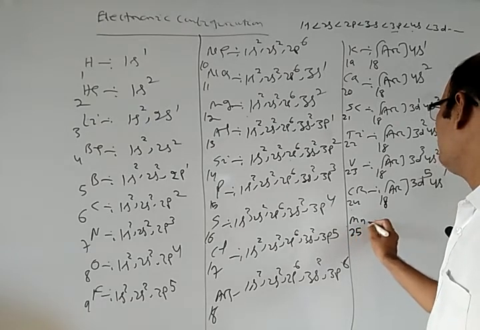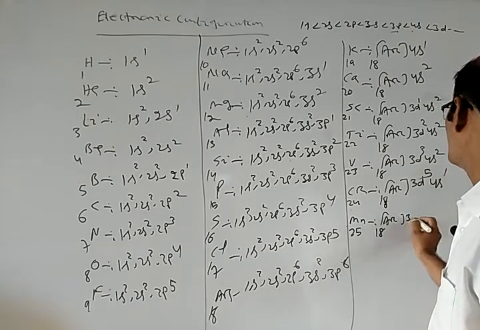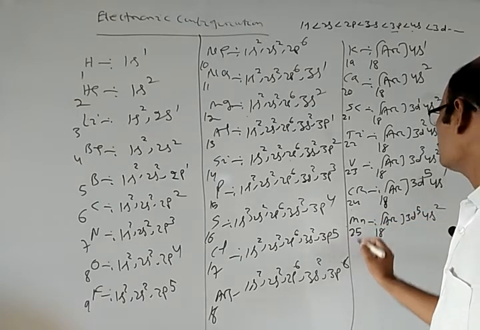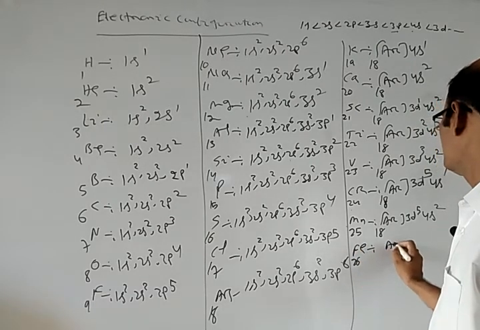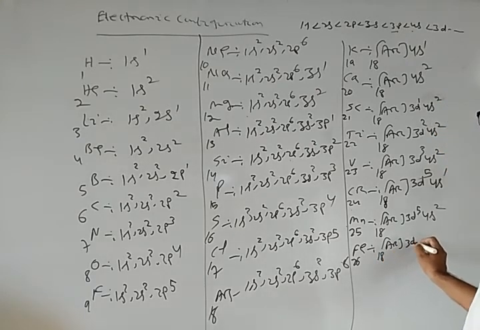Manganese 25, argon 18, 3d5, 4s2. Iron 26, 3d6, 4s2.